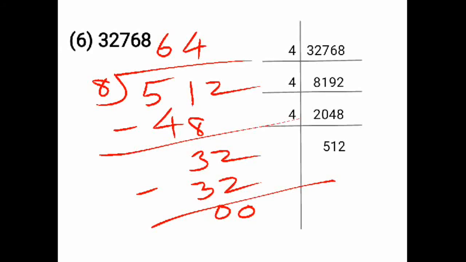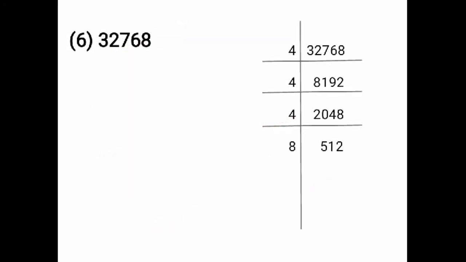After dividing 512 by 8, I am getting the quotient 64. That is 8 into 64. Again divide the number 64 by 8. You can do it directly if you know the 8 table. 8 8s are 64. And finally 8 1s are 8.